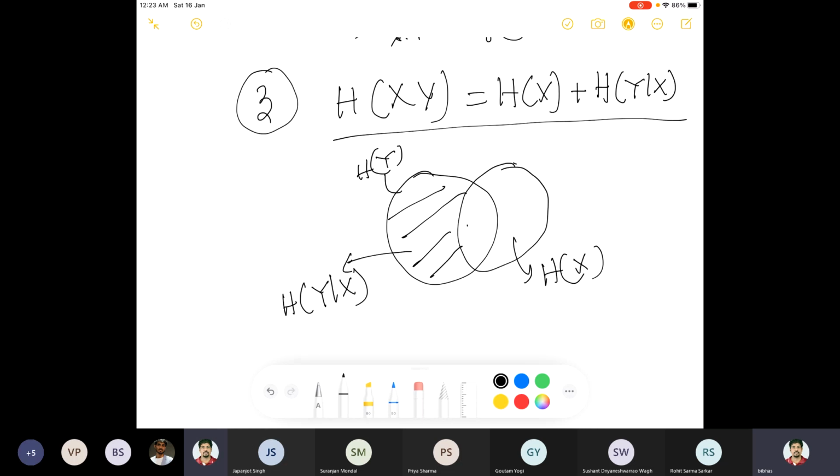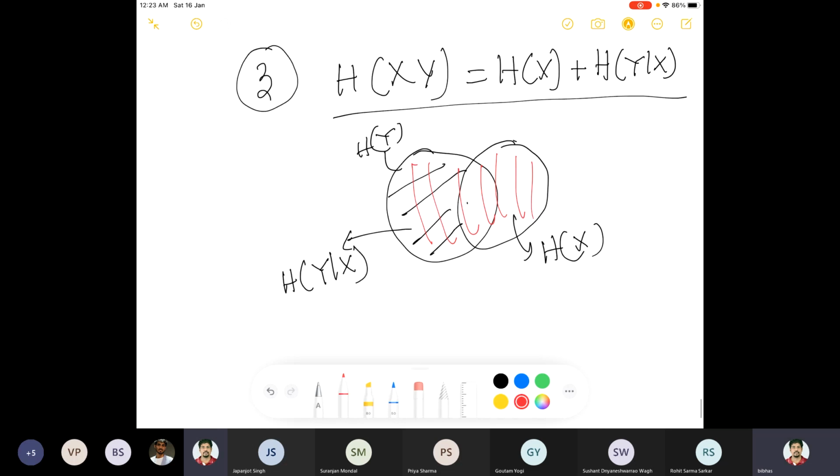H(X,Y) means the entire thing. The amount of information about the joint random variable (X, Y) is not equal to H(X) plus H(Y), because there is an overlap. So H(X,Y) is nothing but H(X) plus H of Y given X. This is how you can look at it in a Venn diagram. This we have proved.